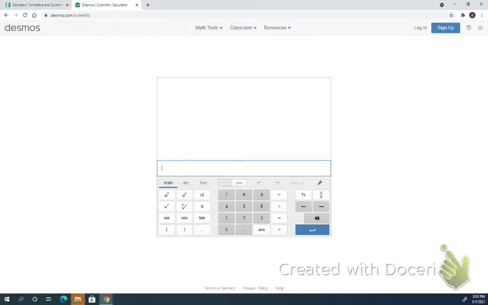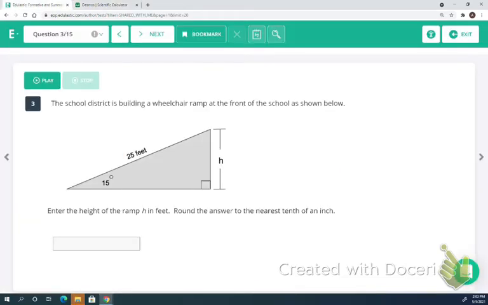So once again, I have 25 times sine of 15, and if you guys see, that gives me 6.47. So if I go back to my answer there, it's asking me to round to the nearest tenth.